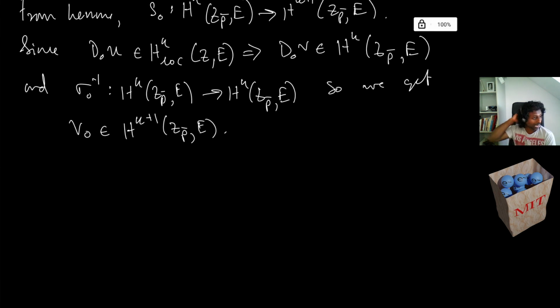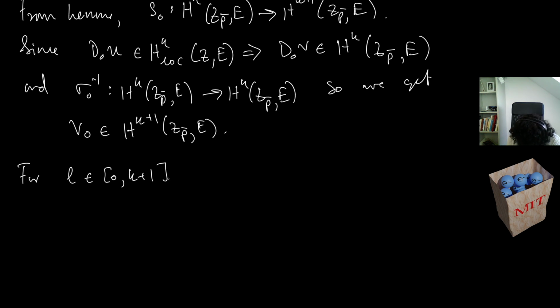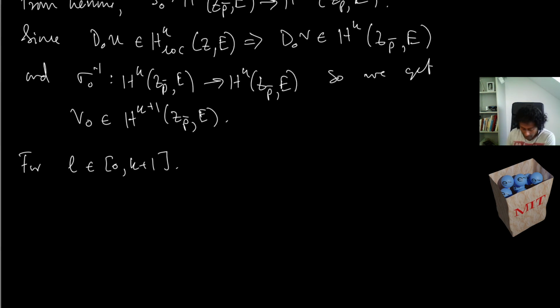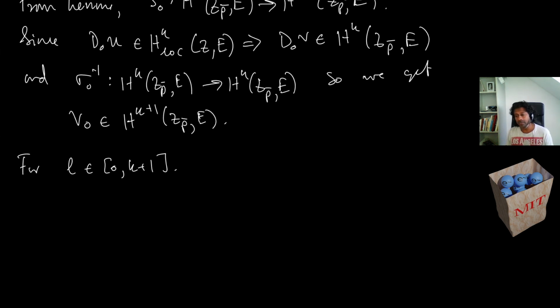So now we have to think about how to prove the other part. That's really where the interesting content is hidden. So again, let's now take an L in the interval 0 to k+1. Again, we recall the lemma that allows us to understand these Sobolev scales in terms of ∂_t and |A|.